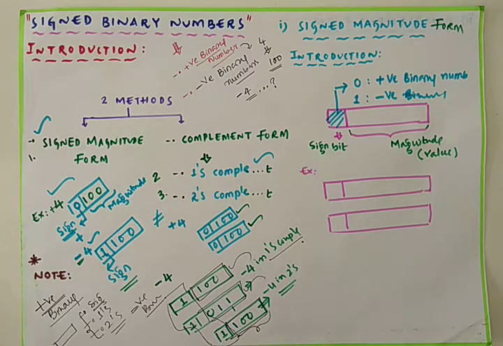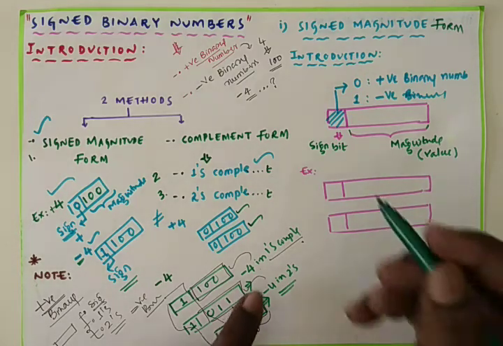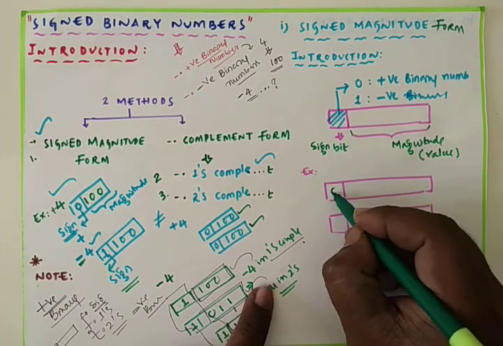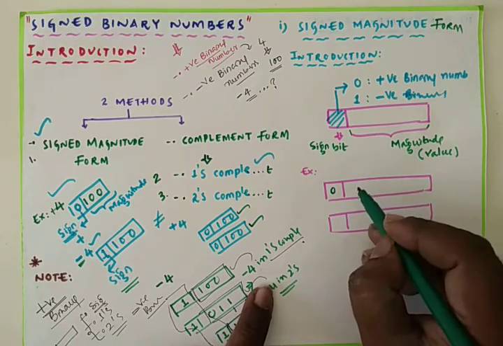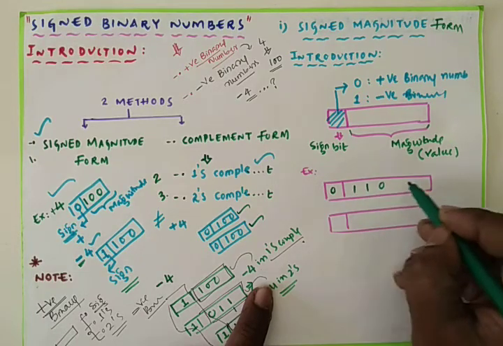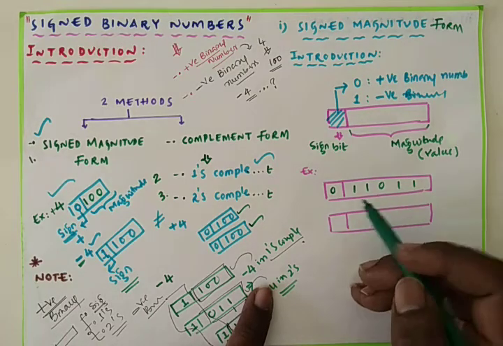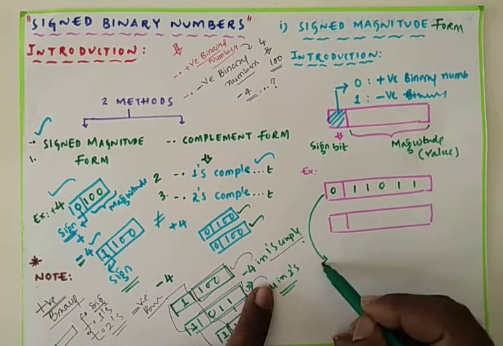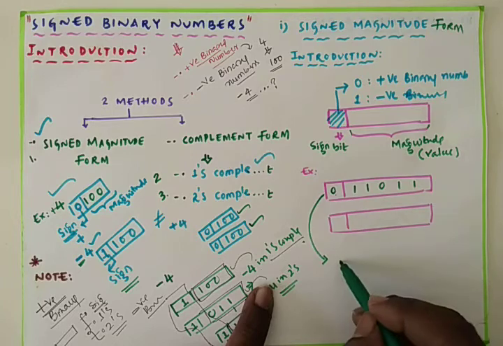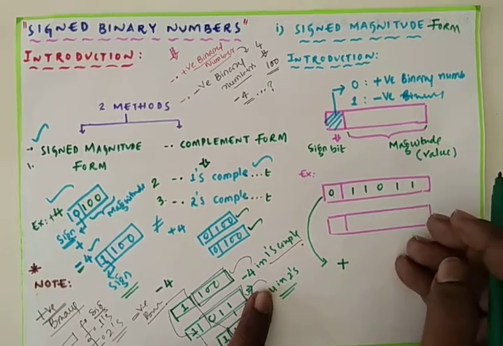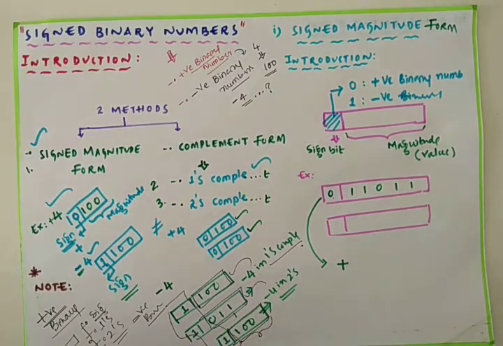For example, I am going with one particular example. See this one. Sign bit is 0, and the remaining bits are 1 1 0 1 1. Assume that. Then what will be its equivalent? The sign bit is 0, so that number will be positive. Then what is its equivalent value? We should find out.